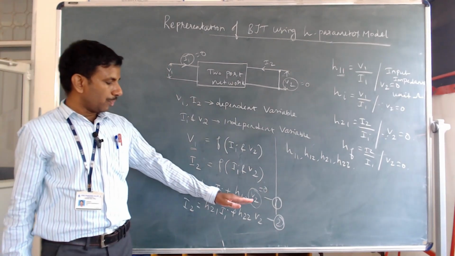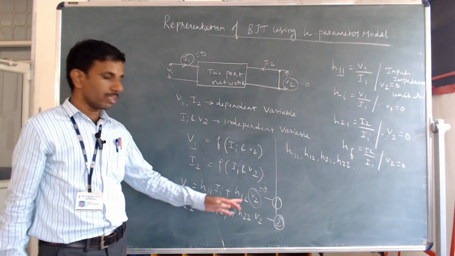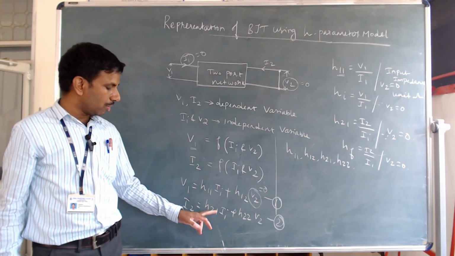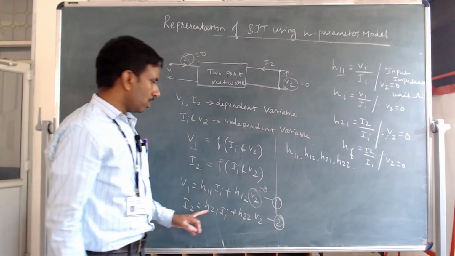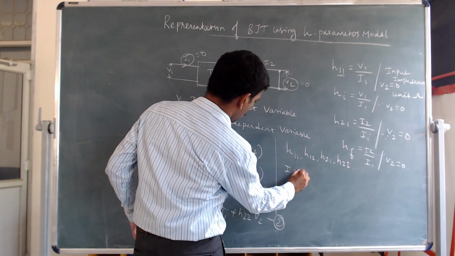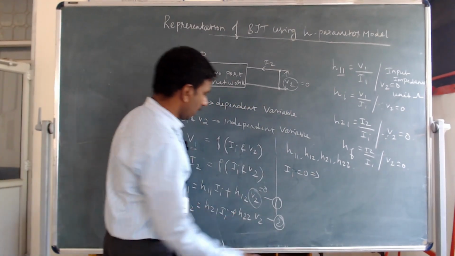This is by substituting the output voltage equal to 0 in equation number 1 as well as equation number 2. Now we are going to substitute the input current equal to 0 in both equations. Suppose we substitute I1 equal to 0 in the first equation, we will be getting H12.